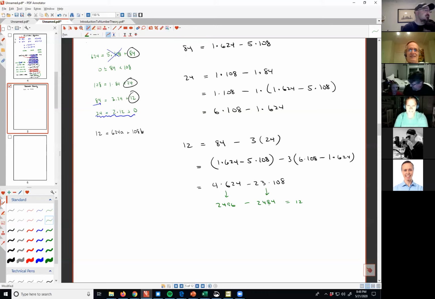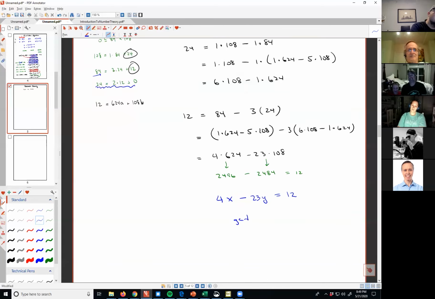Okay, so what we found here is 4 times an integer minus 23 times an integer, I'll call these x and y, that equaled 12, where 12 is the GCD of x and y. So what statement might we be able to say overall?